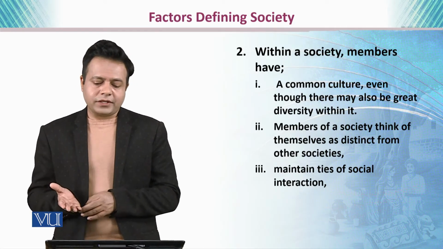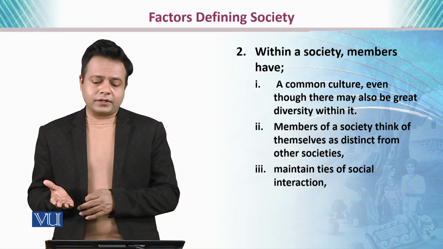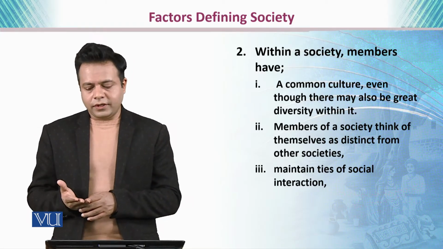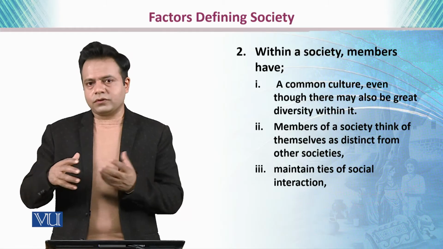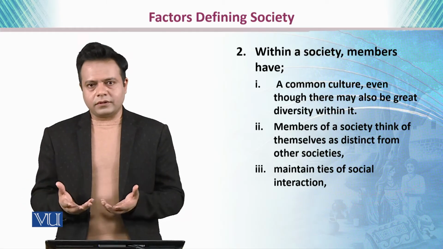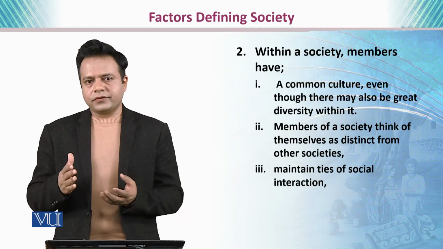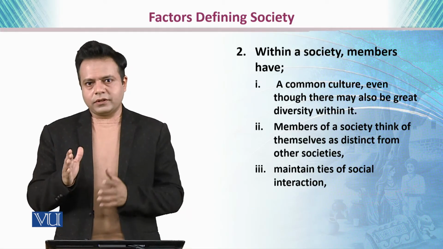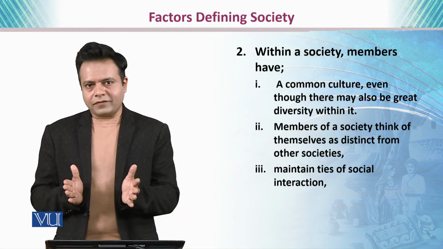And members of society think of themselves as distinct from other societies. So that sense of distinction, because of the identity, operates as a key characteristic in defining a society.